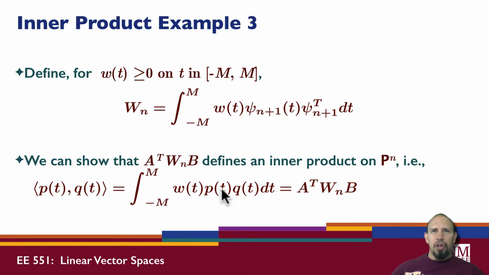That scalar is its own transpose, and so you can show that all of this comes out to be this. That is, I can take the A transpose out of the integral, the B out of the integral, and what's left inside the integral is all of this stuff.